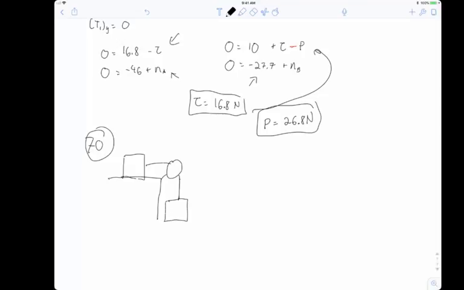This is 1 kilogram. Call it B. A, it's 2 kilograms. And the velocity is like that.